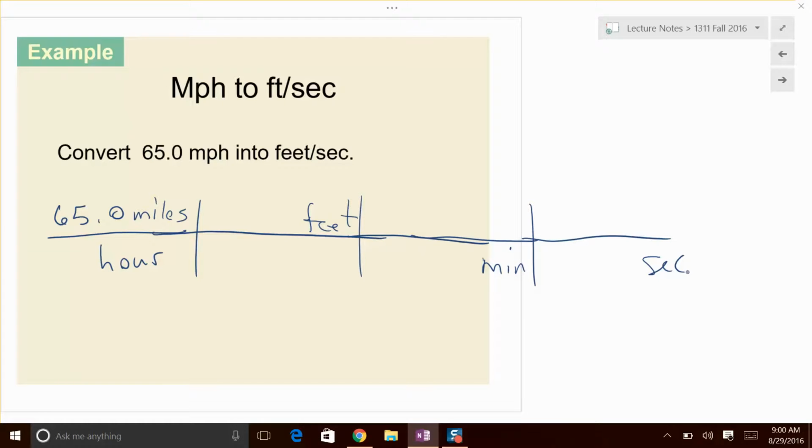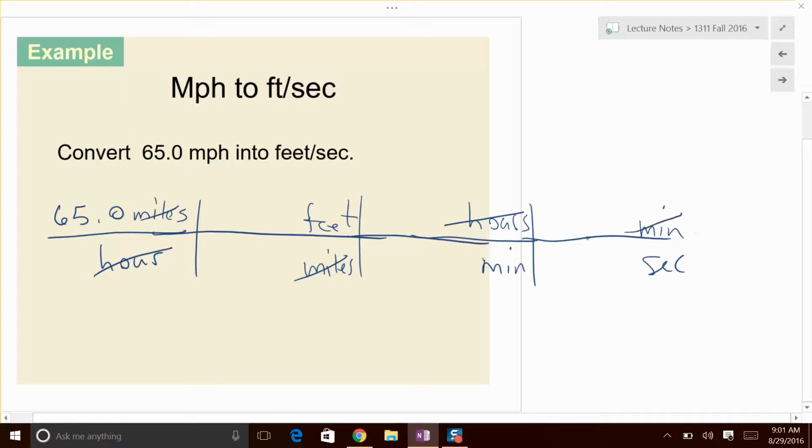So what unit goes on the bottom here? What unit goes right here on top? Good. Hours. Because the hours need to cancel just like the miles canceled here. What goes on the top here?